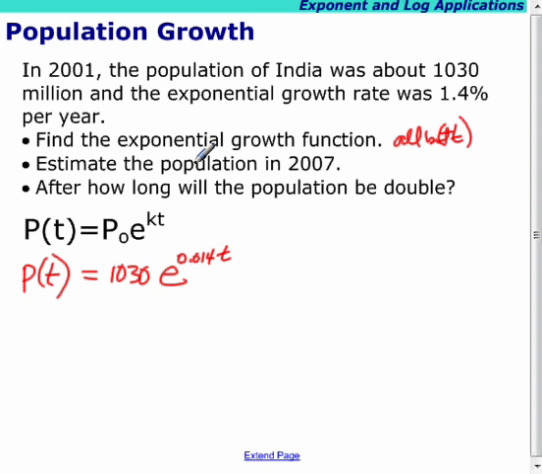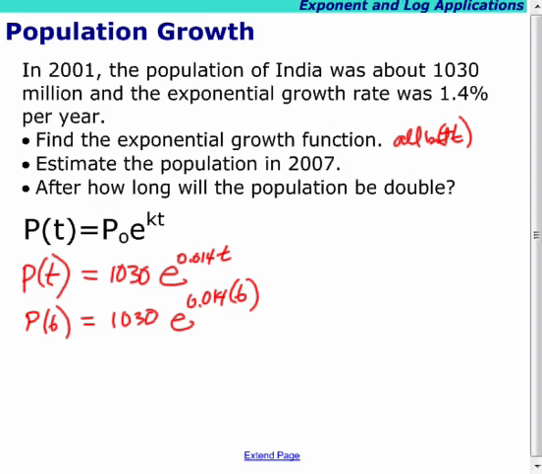Now, if they wanted to know what the population was in 2007, I could simply plug that in. The time between 2001 and 2007 is 6 years. So the population after 6 years is equal to 1,030 million e to the 0.014 times 6.